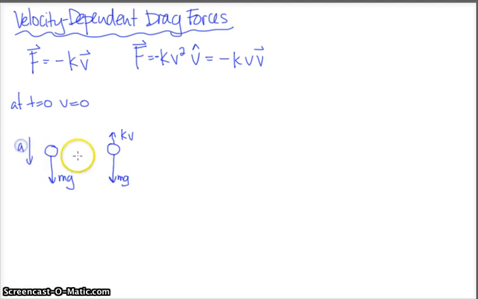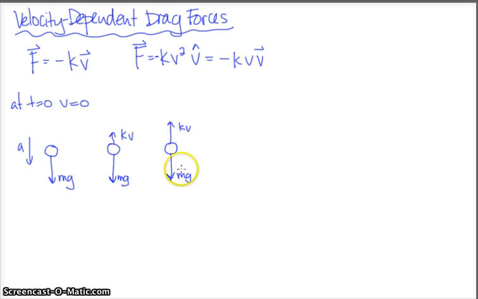So the acceleration is down, the force is opposite to the velocity, so the velocity is increasing, but it is not increasing as quickly as it was before. And at some time later, I have gravity down, and this kv force keeps growing.